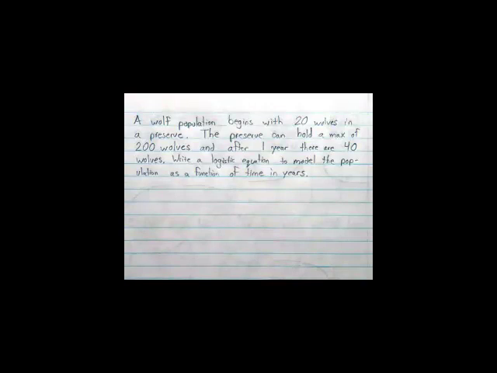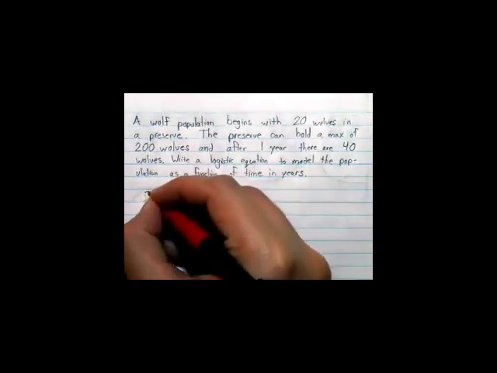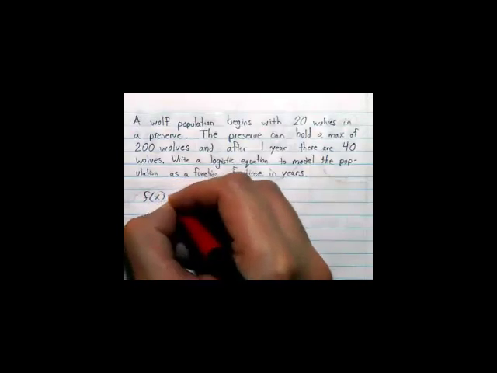So there's some information in there that hopefully you're starting to connect with what we talked about with how these logistic functions get put together. And that's going to help us get to an answer here. And I'll go ahead and copy down your basic logistic equation here.